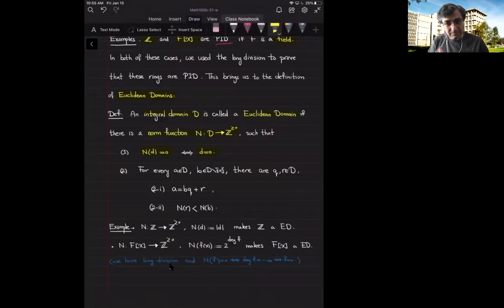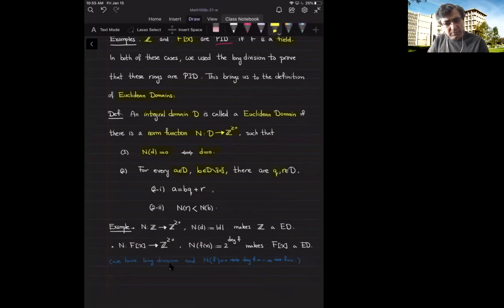And second, and that's the meat of it, we should be able to divide. What does that mean? Whenever I give you two elements inside this ring, A and B, assuming that B is non-zero, we should be able to divide A by B. That means we should be able to find a quotient and a remainder. They don't need to be unique.